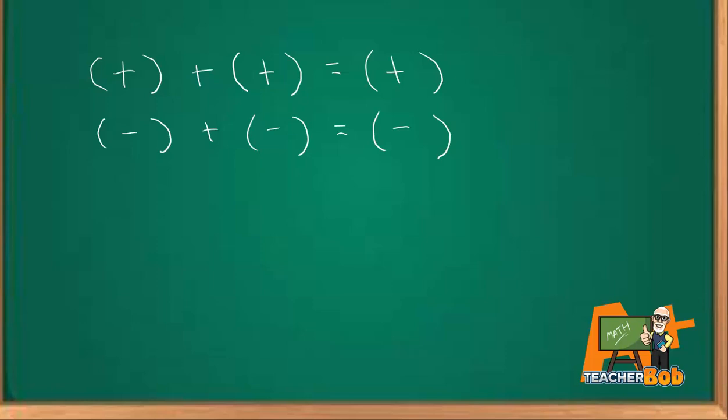When you add a positive integer and a negative integer, the result depends on what the larger absolute value of the numbers are. Now, when I say absolute value, this simply means how far the numbers are from zero. And we have special symbols to represent that. Now, if we had a negative 3, and we wanted to know how far that number was from 0, we can write it like this.